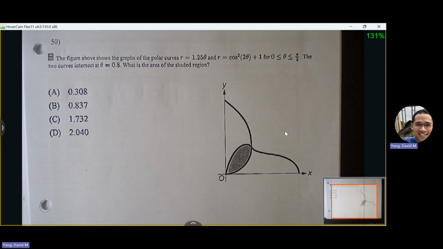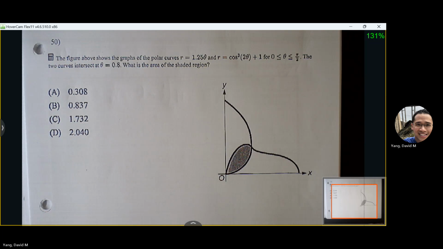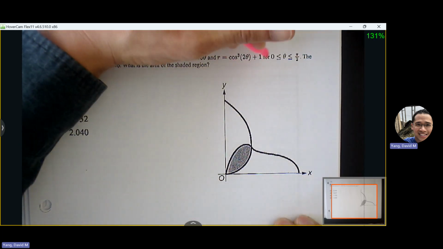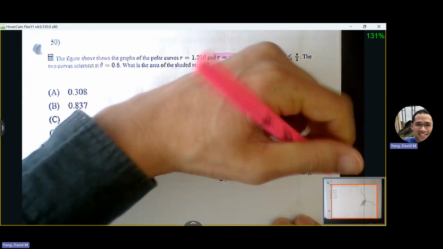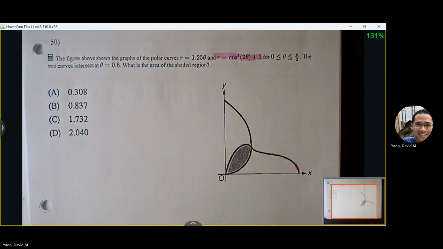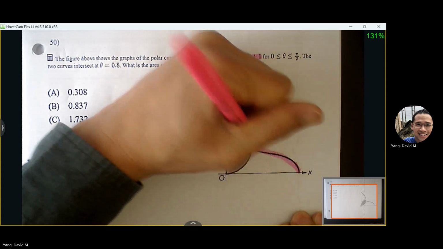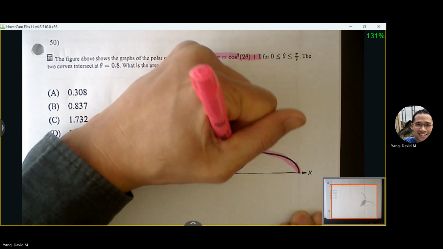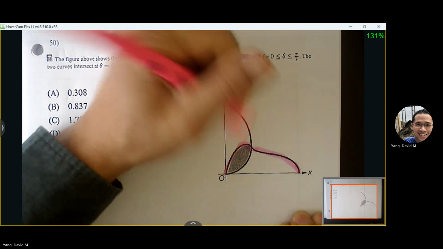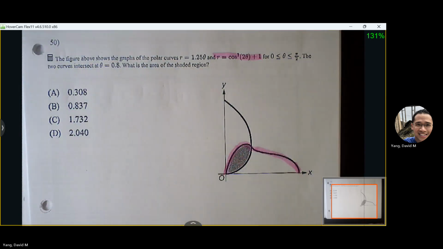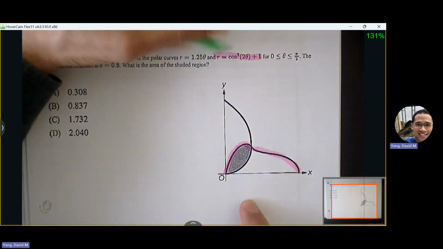We have two graphs here. You have r equals 1.25 theta, and you have r equals cosine cubed 2 theta plus 1. If you graphed it, the r equals cosine cubed 2 theta plus 1 is going to be this one here, and then r equals 1.25 theta is going to be the one in green.